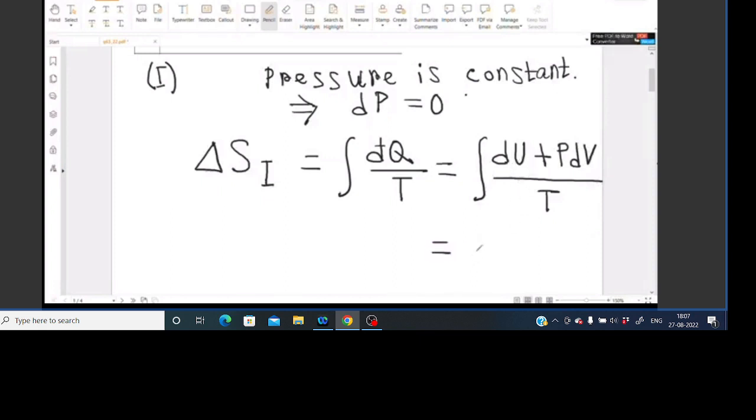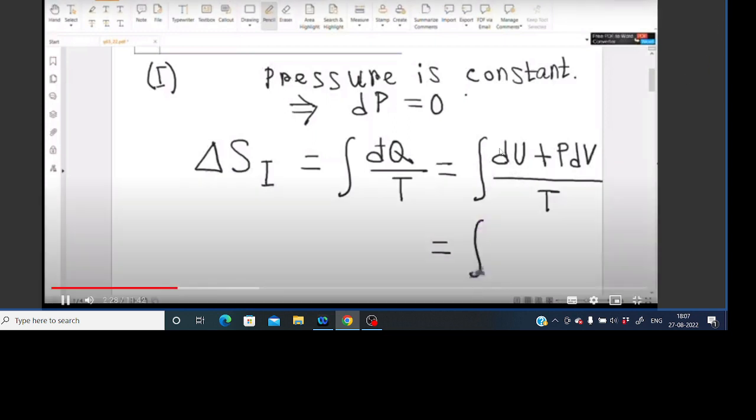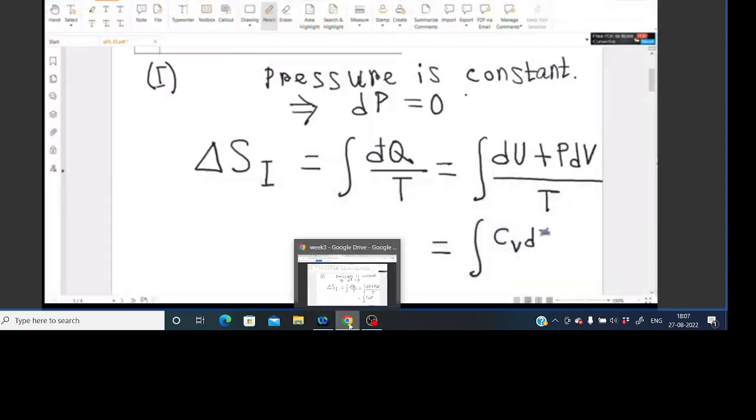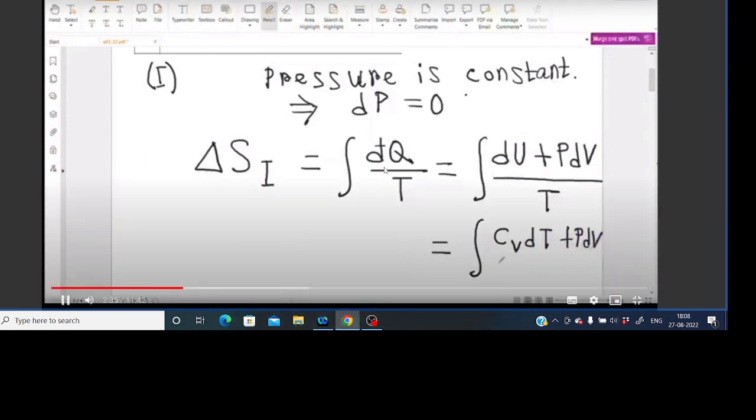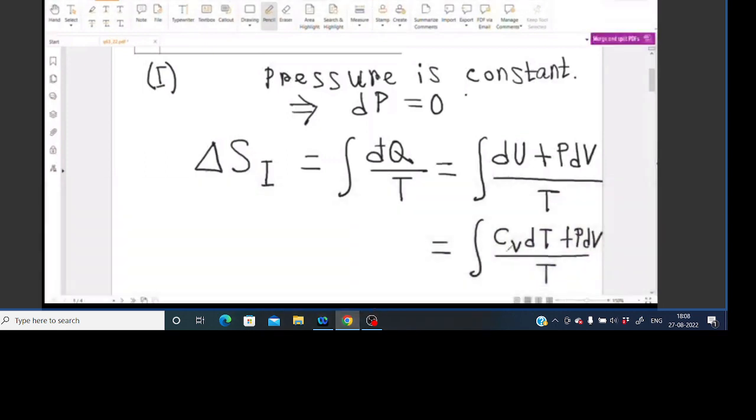This dU can also be written as Cv dT, where Cv is the specific heat at constant volume and dT is the change of temperature.